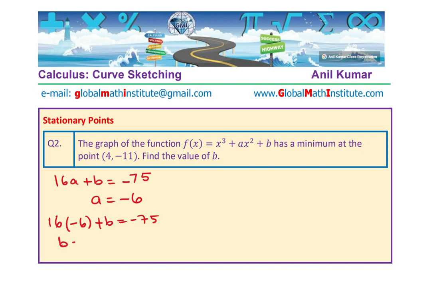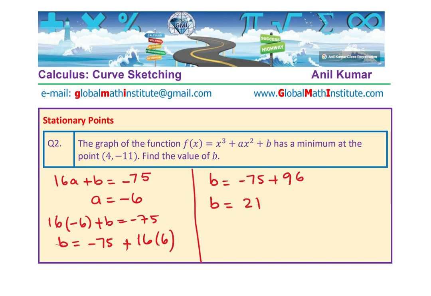So b is equal to minus 75 plus 16 times 6. It becomes positive when it goes to the other side. So 16 times 6 gives you 96, and the value of b comes out to be 96 minus 75, which is 21. Clear? So we get 21.